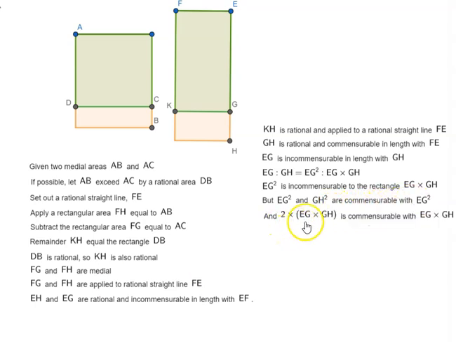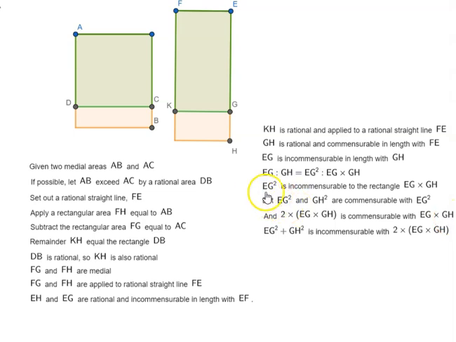Also, 2 times EG by GH is commensurable with EG by GH. This is just a multiple of this. So it will be commensurable. EG square plus GH square is incommensurable with 2 times EG by GH. EG square plus GH square is commensurable with EG square. 2 times EG by GH is commensurable with EG by GH.